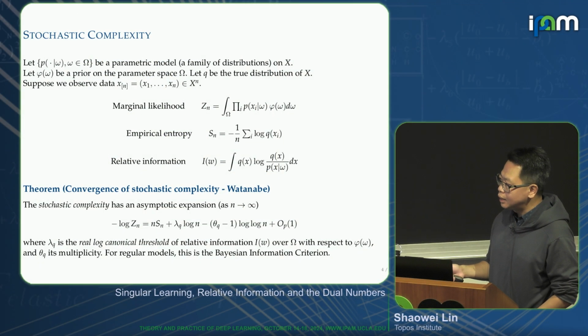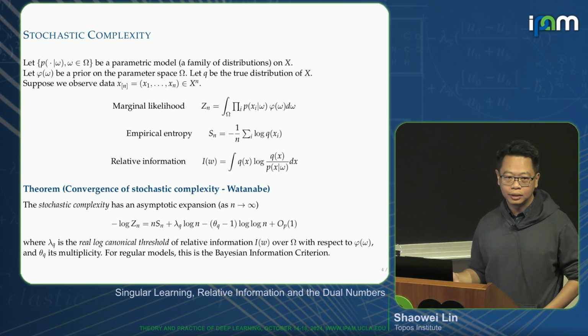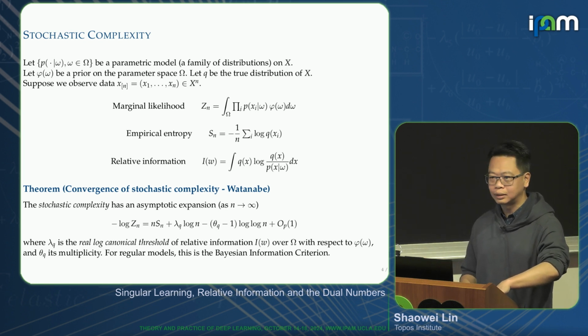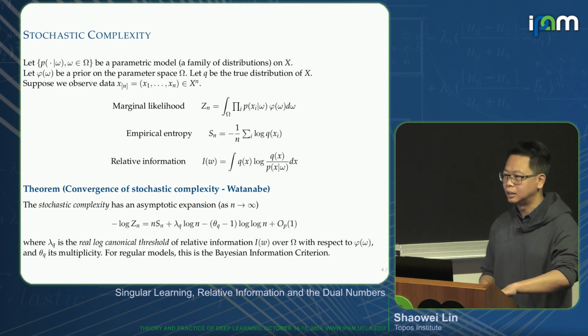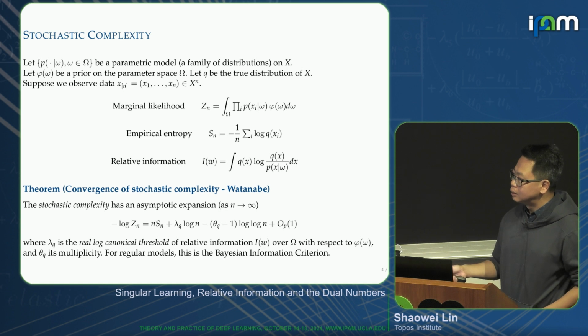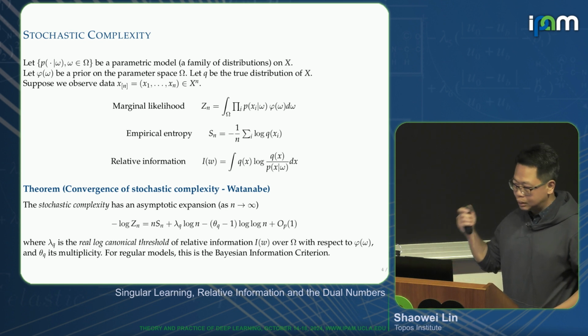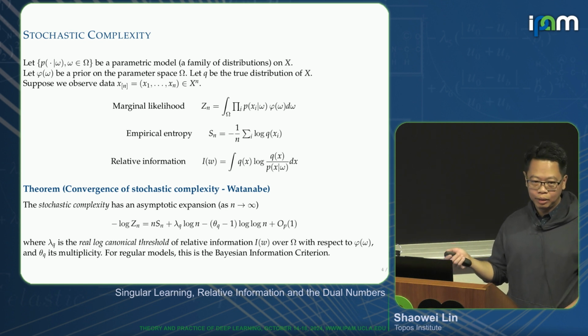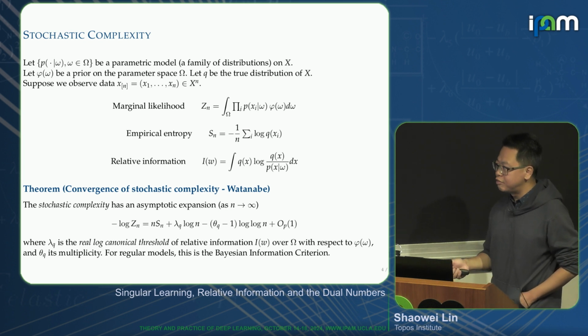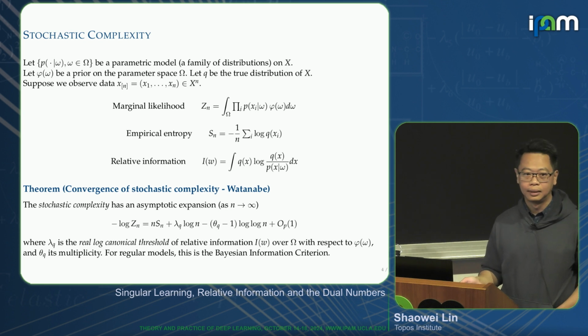And in the special case when we have regular models, in statistics, a regular model is one where the Fisher information matrix is non-degenerate. In the regular case, this theorem simplifies to the Bayesian information criterion, the BIC. So this is a vast generalization of the BIC.